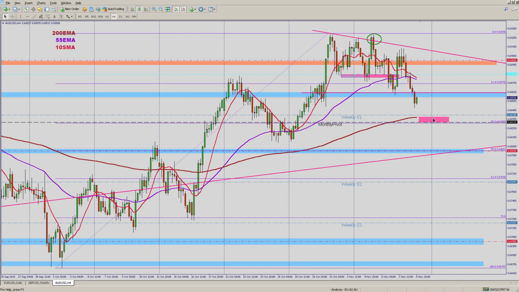So this is going to be the next support zone, an intermediate support zone, followed by the 50% fib retracement level where the 0.6800 round figure is. And there could be a confluence with the lower trend line of the bigger symmetrical triangle.